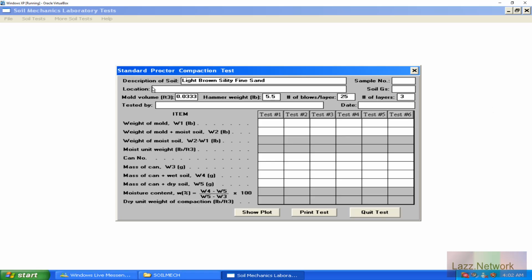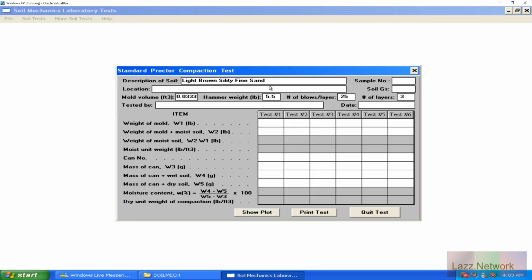Then we have a location, which represents what this soil represents. Let's say for this example, this soil is going to be used for building pads and footings and a parking area or something. So it's going to be used all over the job site. But really, there's only this type of sand, and then you've got like tan fine sand or dark brown fine sand.